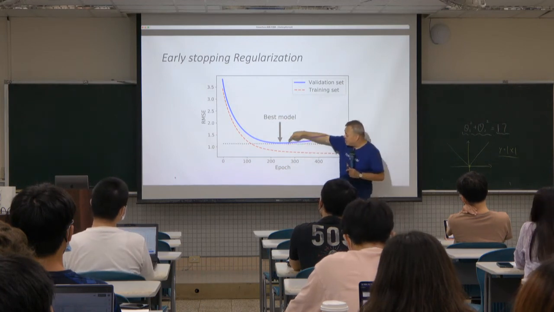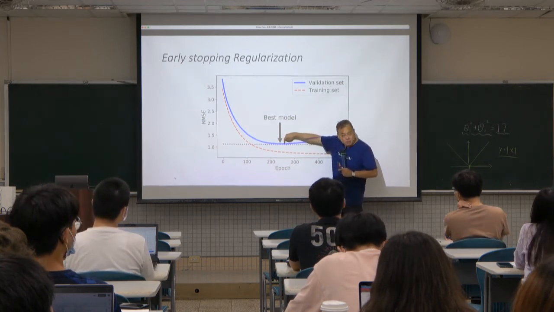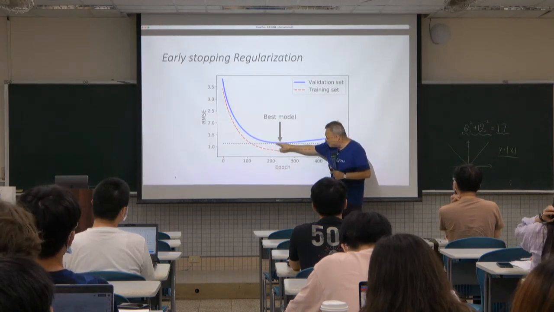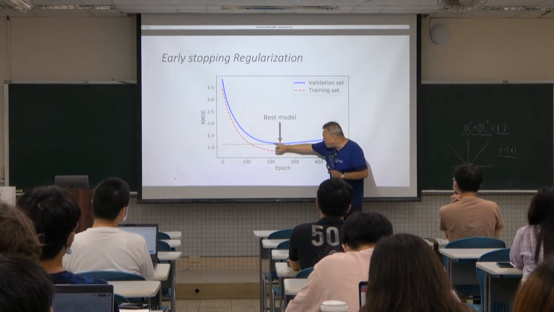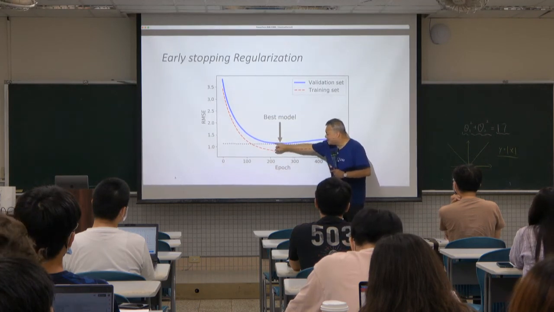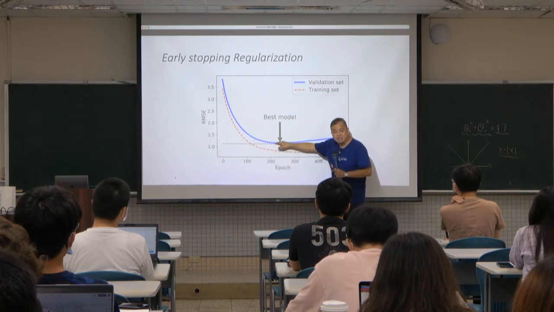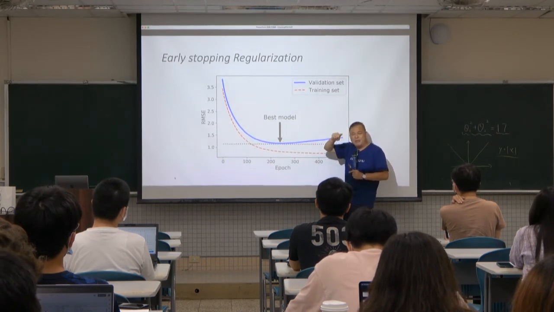For the next iteration, if it doesn't improve, keep in mind that even though I draw this one as so smooth, it may actually have some jitters, going up and down a little bit.